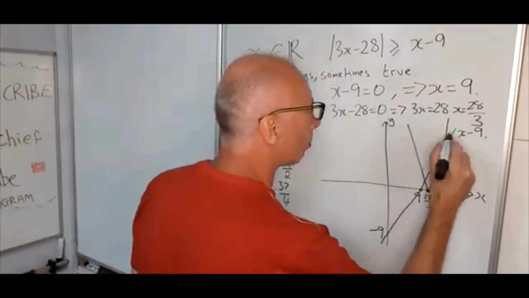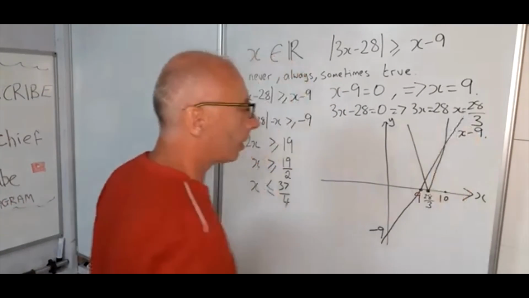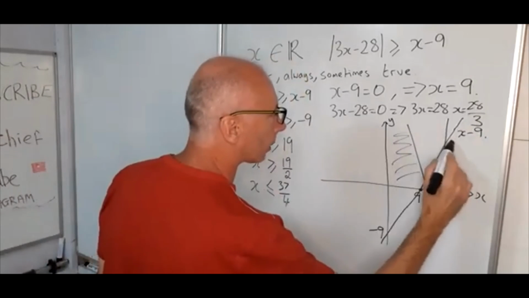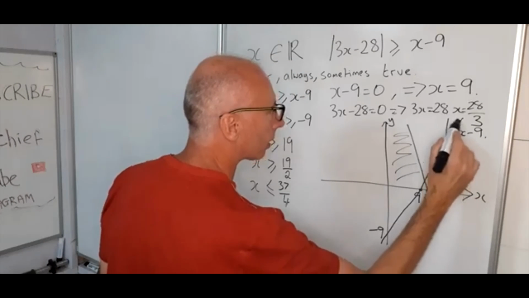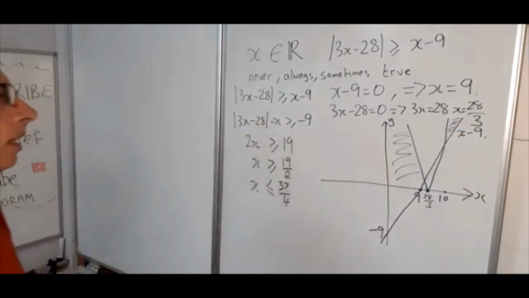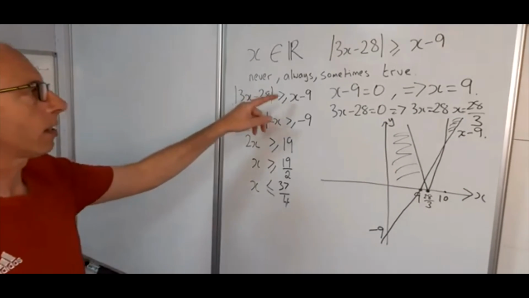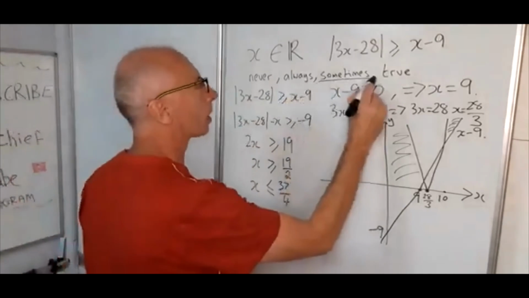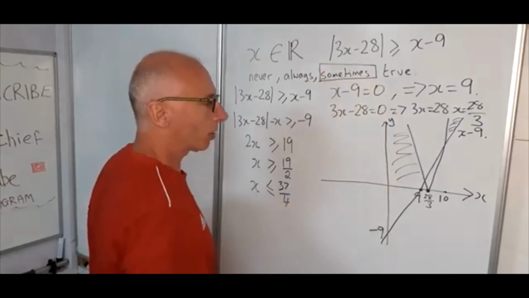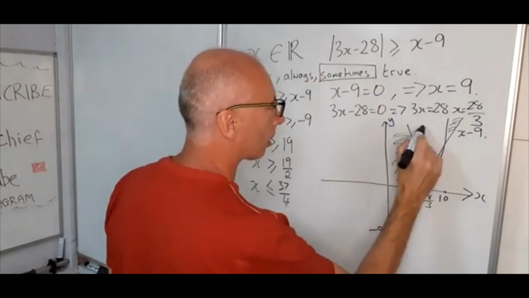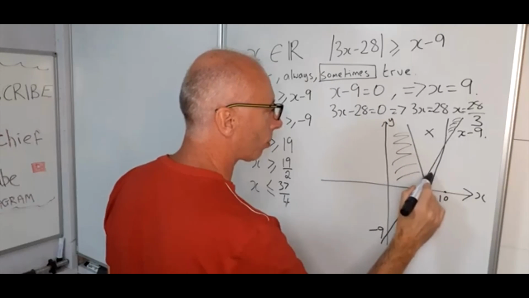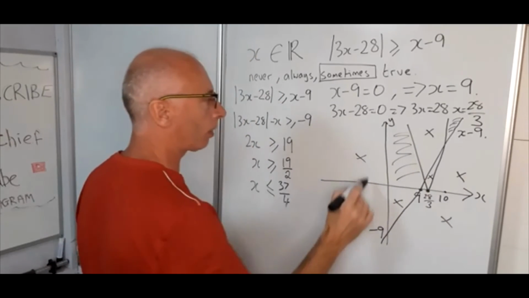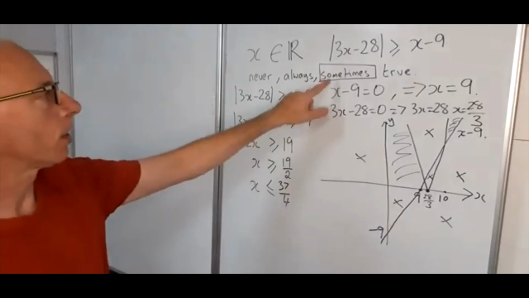If I just bring this line up here a little bit more, this inequality is true for these points here and for these points in here. So therefore we can say that this inequality is sometimes true, because it's not true in these parts, it's not true here, it's not true here, and it's not true down here or here or here or all the way around here. So this inequality is sometimes true.